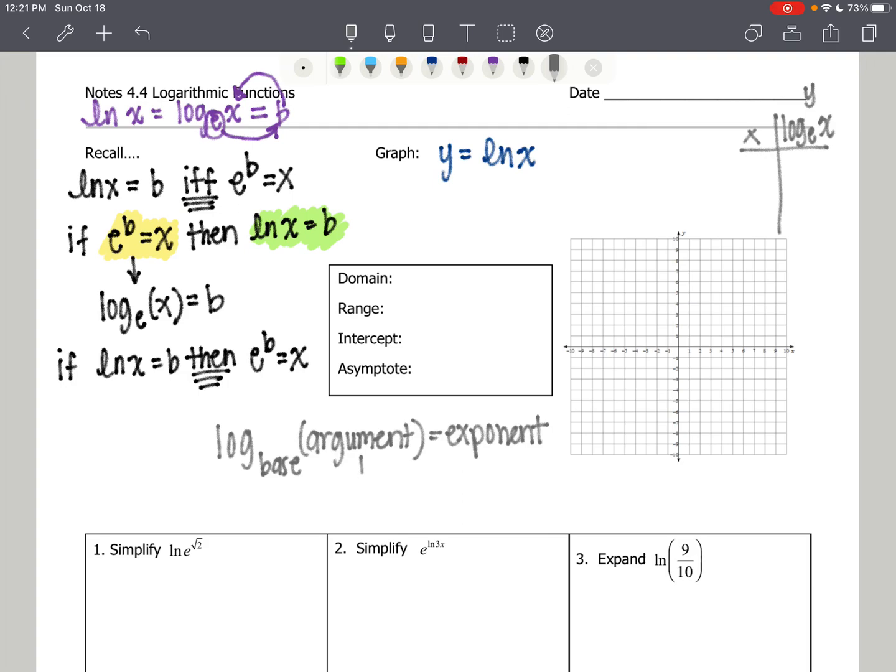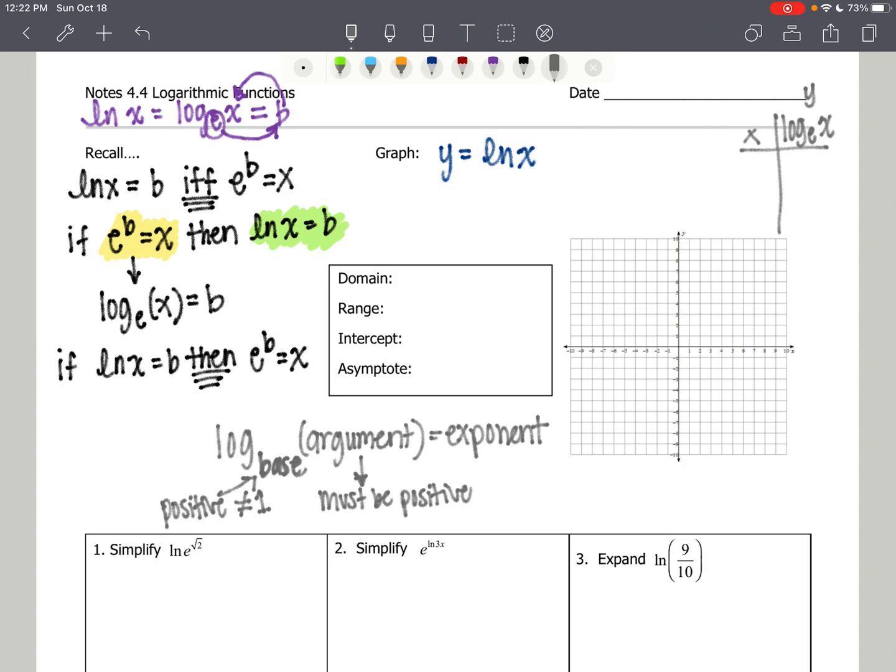So remember that the argument must be positive. And that's because your base is going to be positive but not equal to 1. So if our argument is positive, that means it's going to be greater than 0. Our base is going to be some number raised to an exponent.